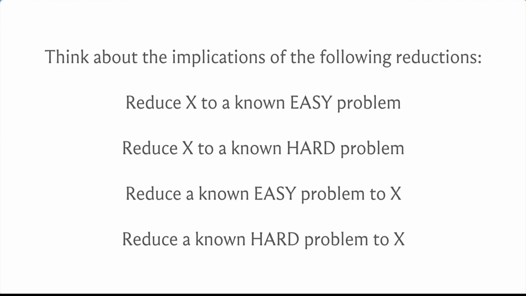Okay, so I hope you had a chance to think about that. Whenever you reduce an unknown problem that you're working with to a known easy problem, then that's fantastic.